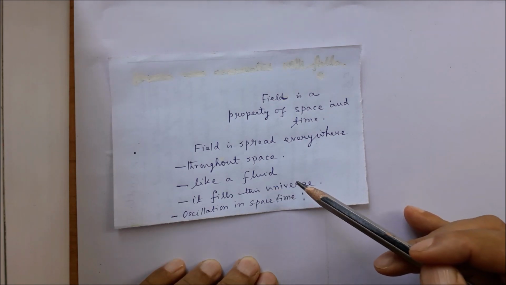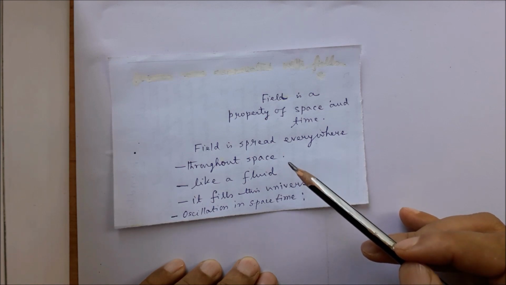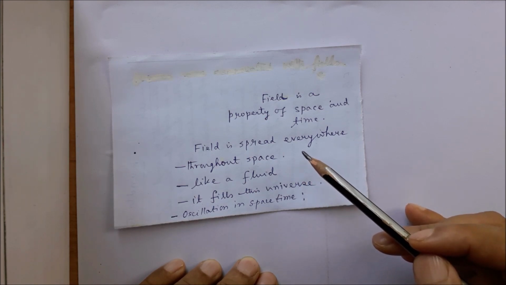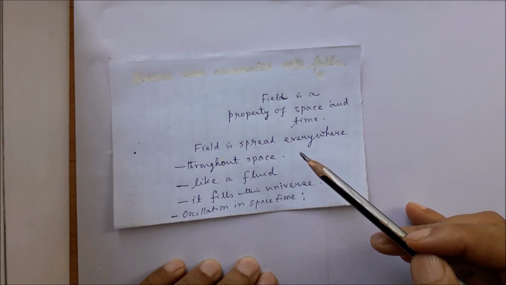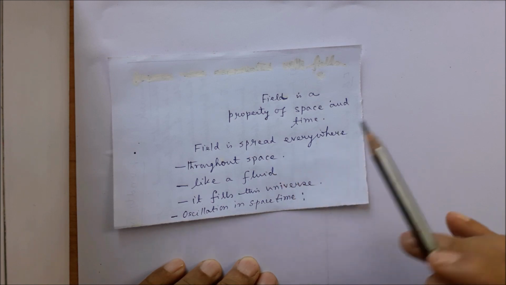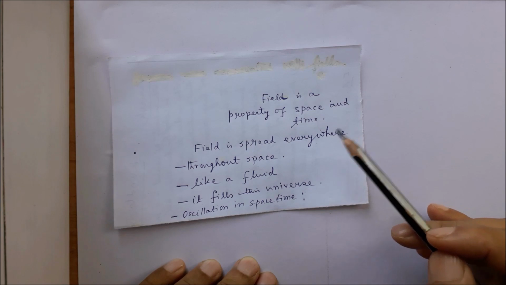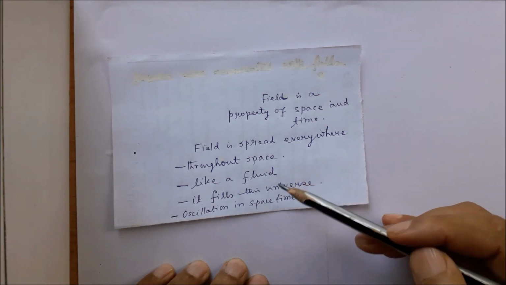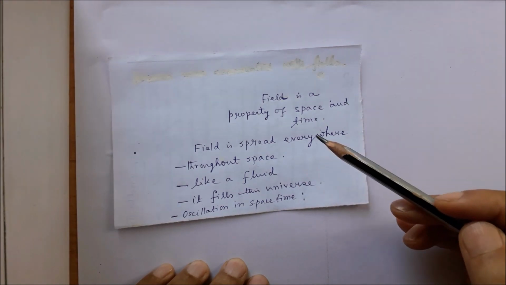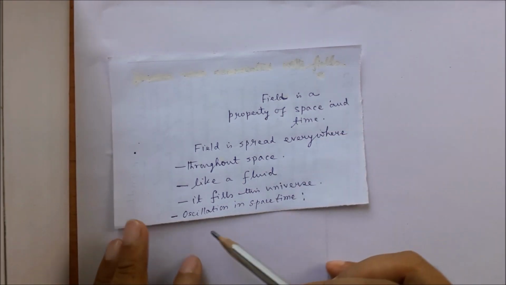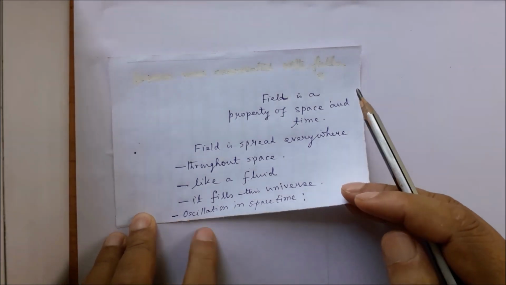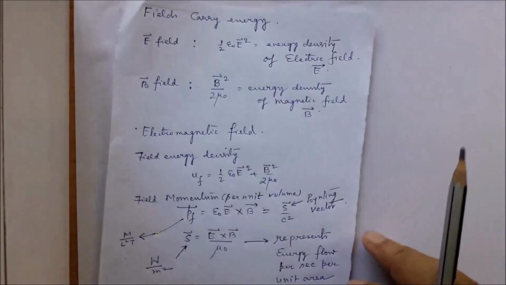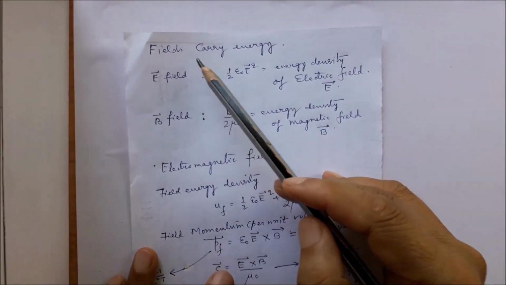Again, fields vary, and a variation that is a favorite to us all is the sinusoidal oscillation. As we know, sinusoidal oscillation happens very commonly, for instance in the case of the electromagnetic field, where the electric field oscillates, and the magnetic field oscillates as well. Another important characteristic of field is that field carries energy.